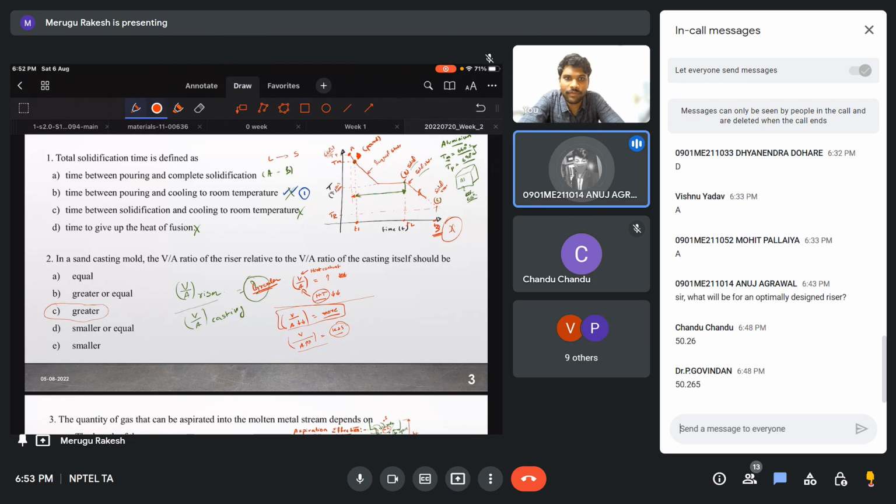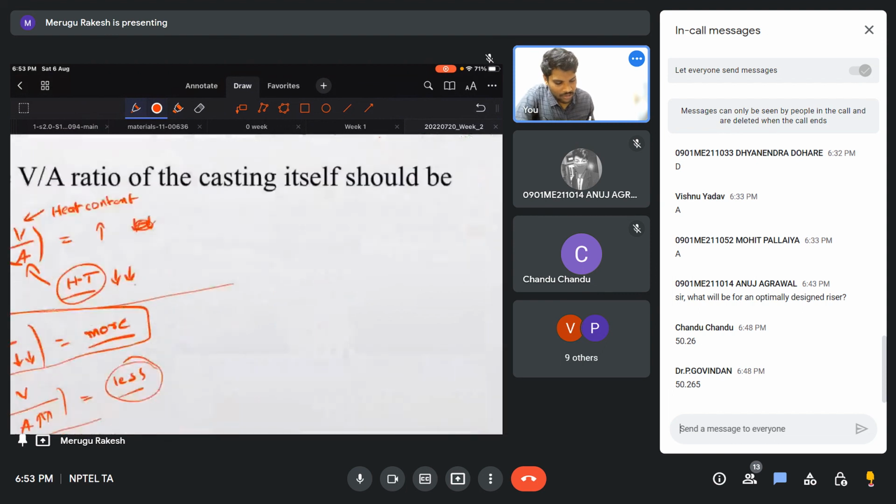Sir, total solidification time depends on quantity. So here quantity means area and volume, right? Yes. Just to add to that, if you see the solidification time formula, Chvorinov's formula, the total solidification time is some mold constant into volume by area whole square.